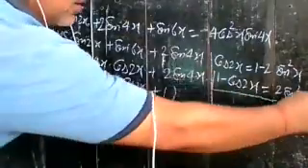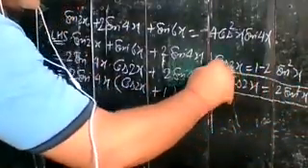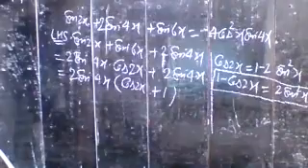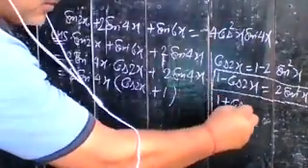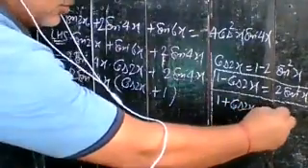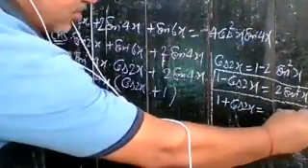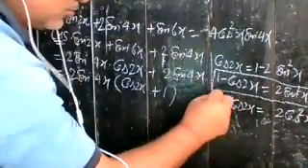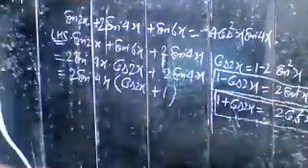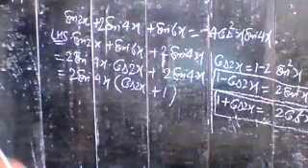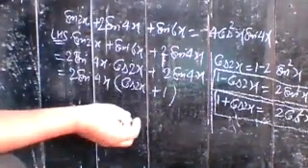If you learn this one, it helps you to solve the questions very quickly. In the same way, 1 plus cos 2x you can write directly as 2 cos square x. Okay? So you learn these two identities, which come out from the formula of cos 2x.